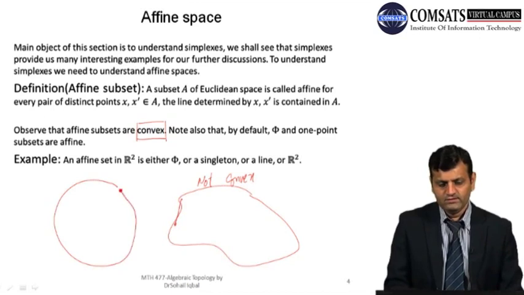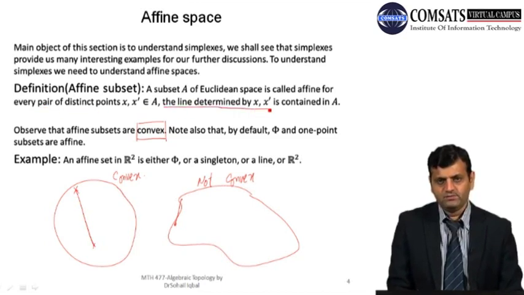But let's consider this example. It is convex, and we impose the condition that the line segment joining 2 points is contained in the space. But over here we are requiring that the line determined by x and x prime.